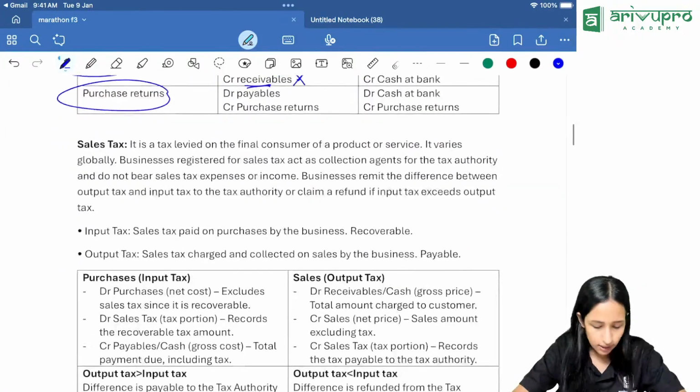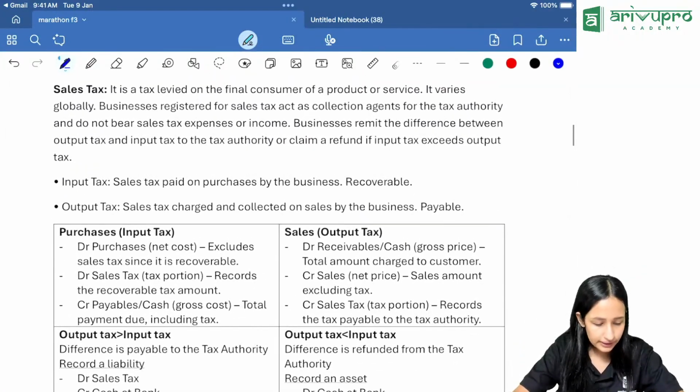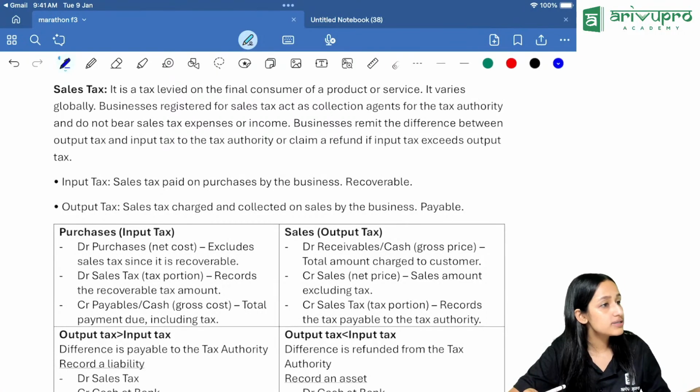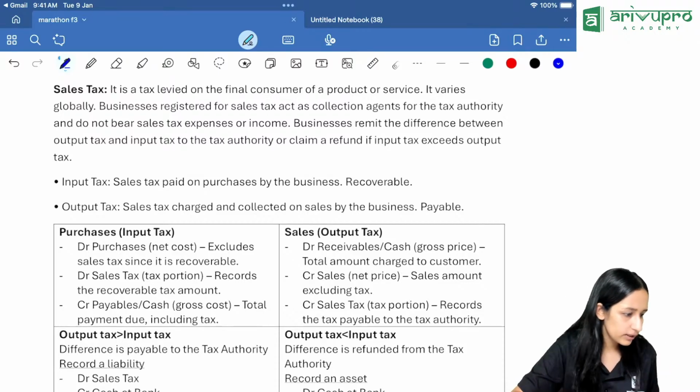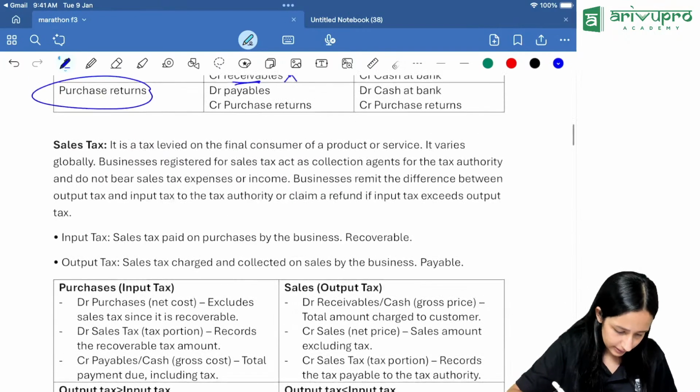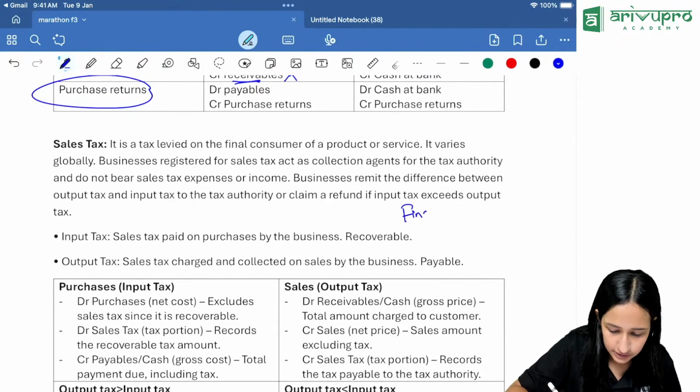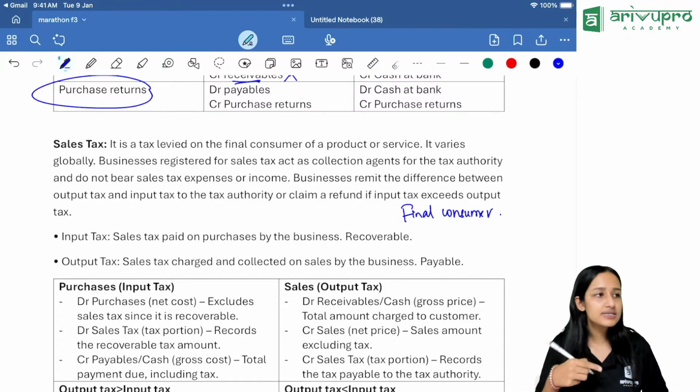Now the new thing that we'll be dealing with is sales tax. What is sales tax? Sales tax is the tax that the government demands on any sale. Ultimately, whoever is the final consumer should be the one who pays the tax, but a business is never the final consumer.